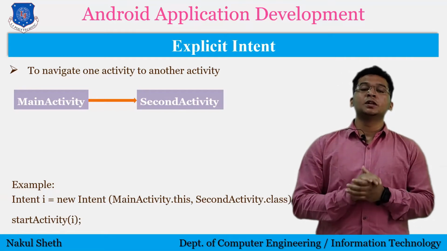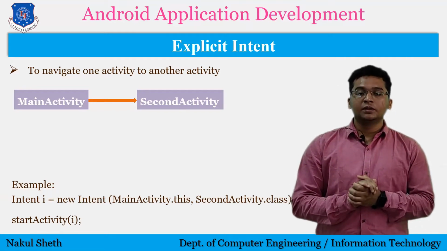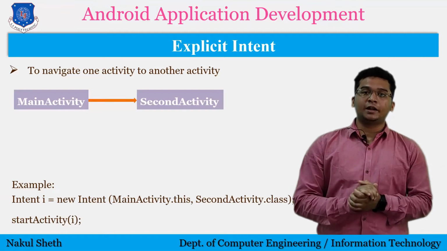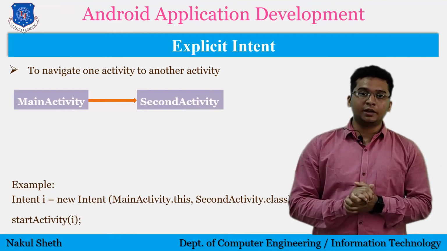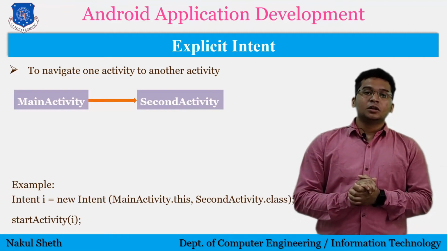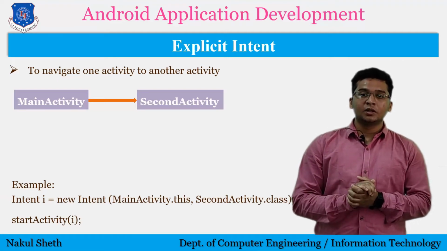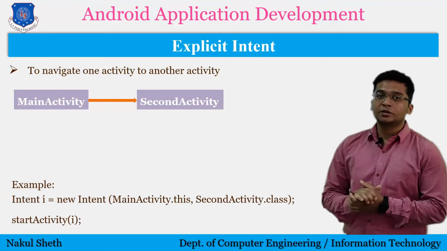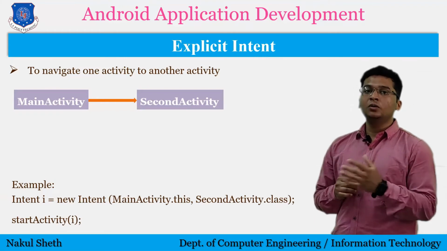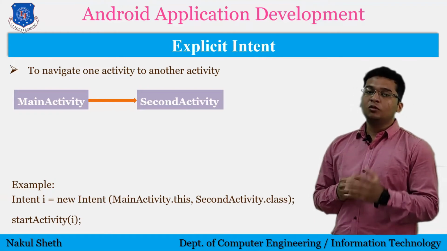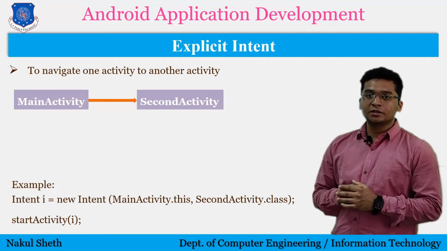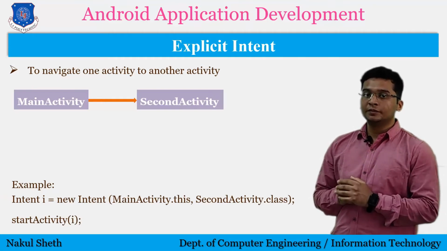The first one is the object of the current class, or current activity, or source activity, and the other parameter is the destination activity. So here I am going to pass the current class object. Now you all know how to pass the object of the current class using the this keyword.